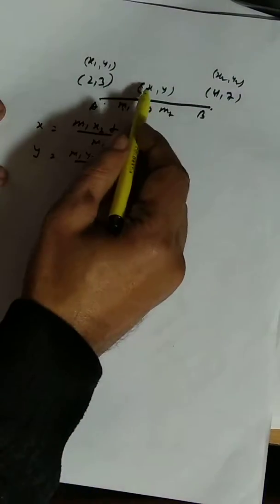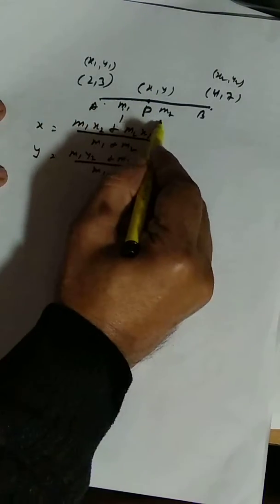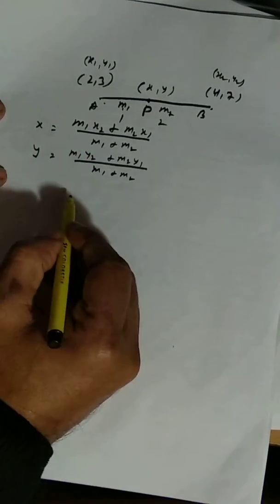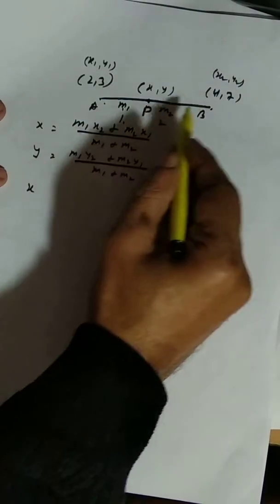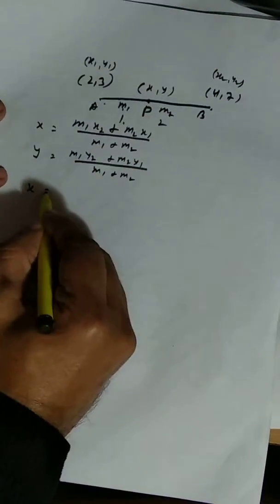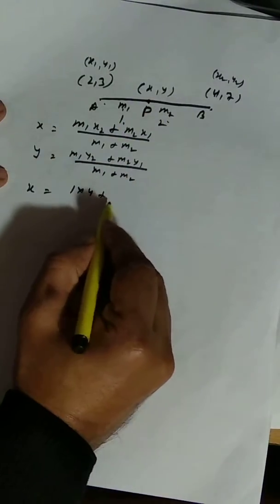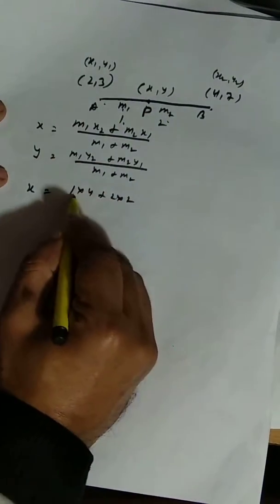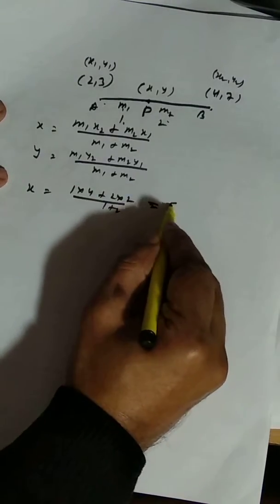The same way, to find y, we can use m1 y2 plus m2 y1 upon m1 plus m2. For example, in this particular case, if I want to find x and if I take the ratio to be, say, 1:2, m1 is 1 and m2 is 2. So x will be m1 x2, that is 1 into 4, plus m2 x1, that is 2 into 2, upon 1 plus 2, that is 4 plus 4, 8 upon 3.